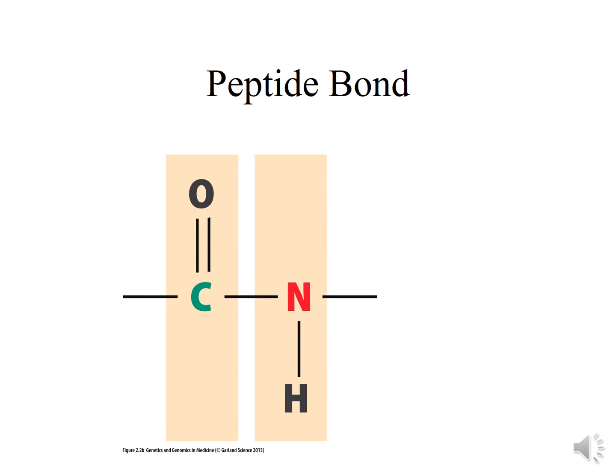So this is the specific type of amide bond that is formed between the carboxyl group of one amino acid and the amino end of the other amino acid. Peptide bond is formed by condensation reaction between the carboxyl group of one amino acid and the amino group of another amino acid. Very stable type of covalent bond.